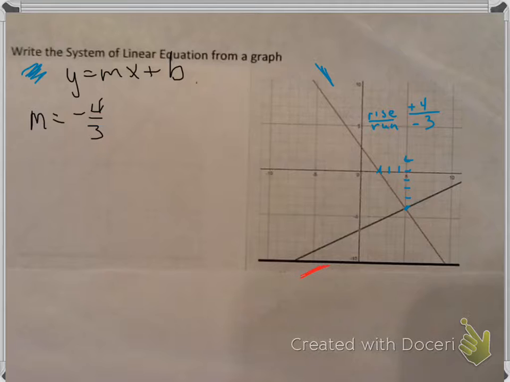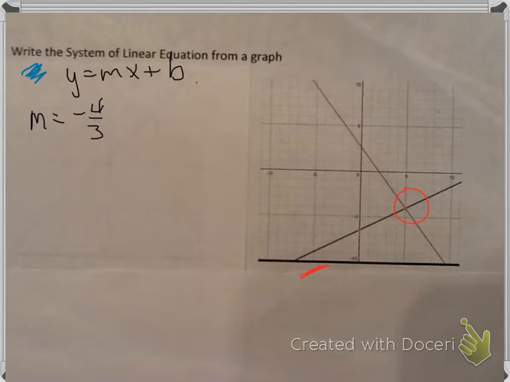Alright, so we need to find a point. I think I'm going to use where the two intersect, because I think it'll work just fine. So I'm going to pick this point right here where they intersect. It looks like they intersect at 5, negative 4.